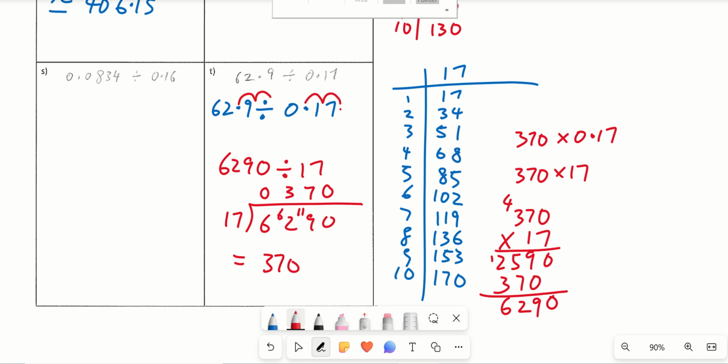And we bear in mind that the answer has 2 decimal places, so that's 62.9. Now this is the same as the dividend 62.9, which brings us back exactly to the dividend. So the method matches. The quotient matches with the dividend.